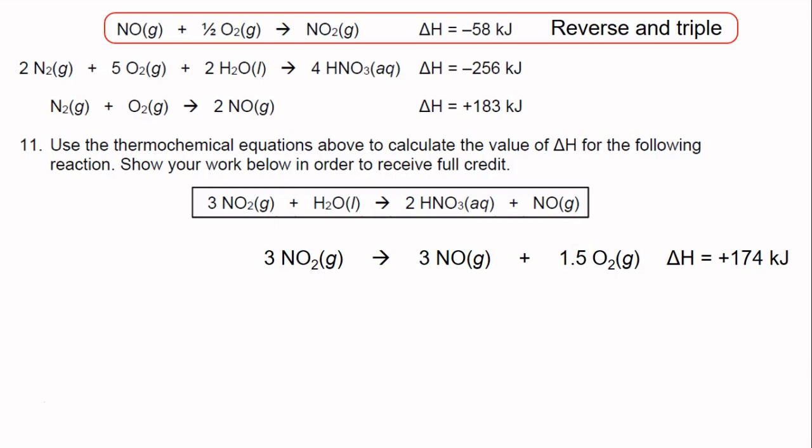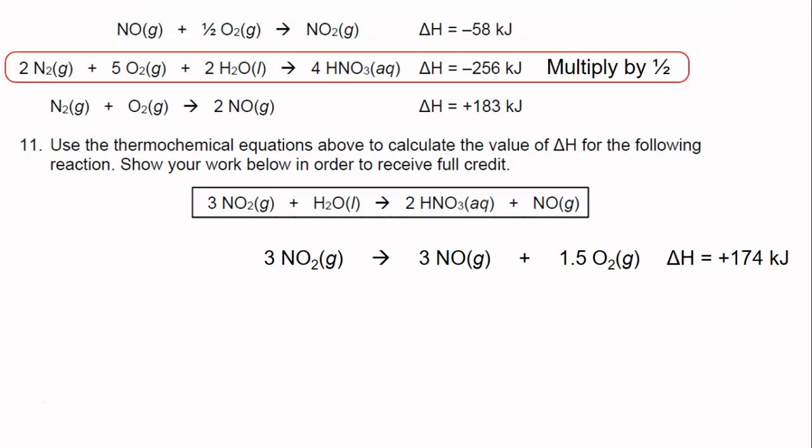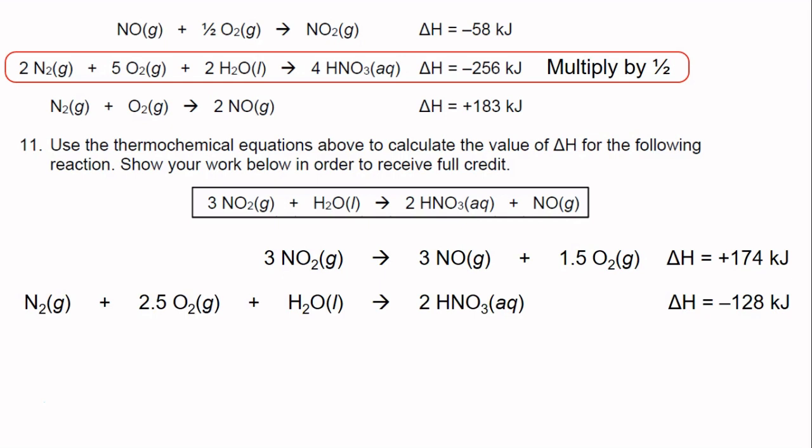In our next example here, if I take this equation and multiply by 1/2, I can get 2 moles of HNO3 on the right. So as a result of multiplying by 1/2, negative 256 for the delta H now becomes negative 128.